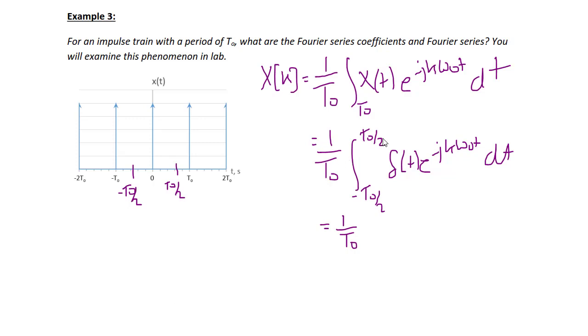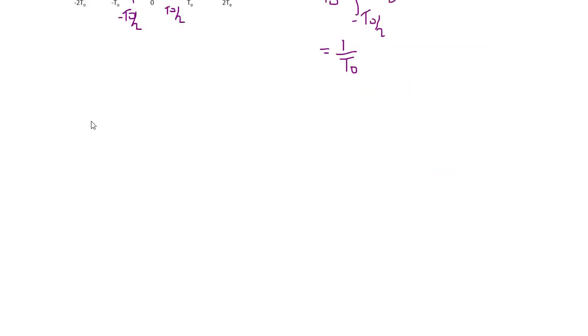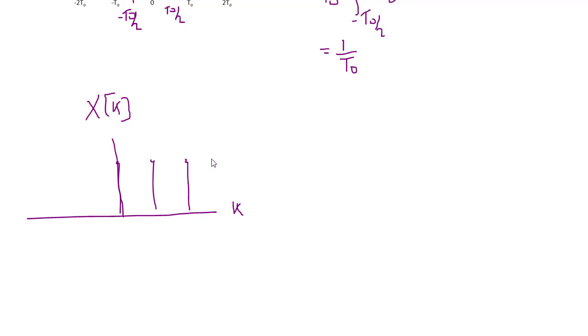So when you plot the magnitude spectrum, it looks like the following. You would have x of k, and here's k on your axis, and it actually looks like a unit impulse train where the amplitude of each of these is 1 over t0.